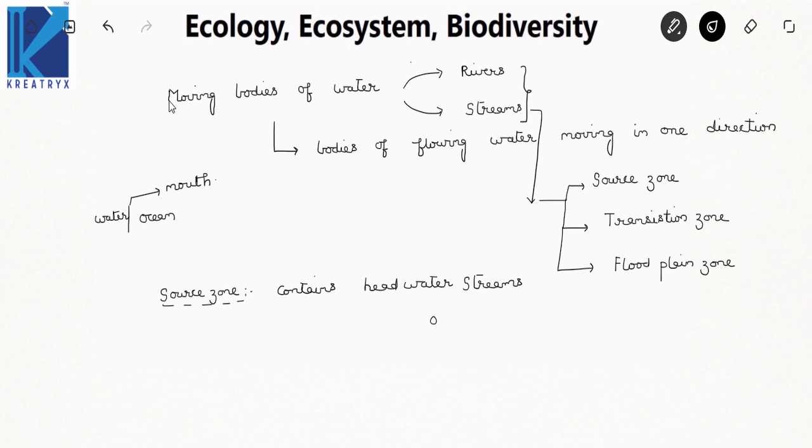They often begin as snowmelt or springs. Now your Ganga, Brahmaputra, all the rivers often begin as snowmelt or springs.